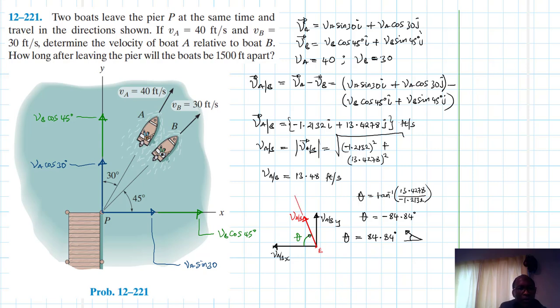We have B, which is our reference, and then we have A there.